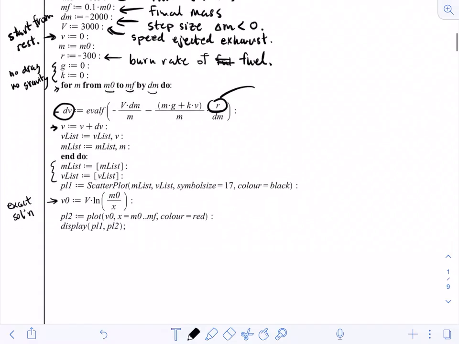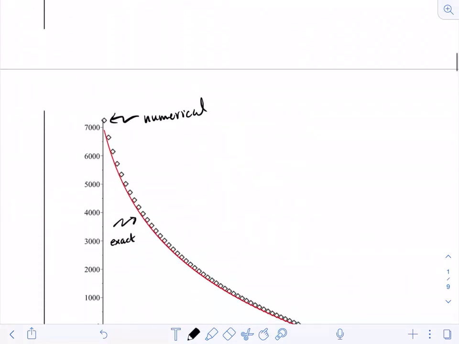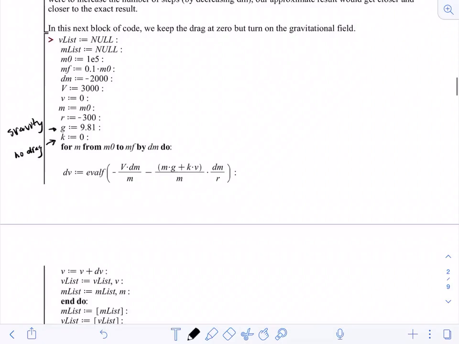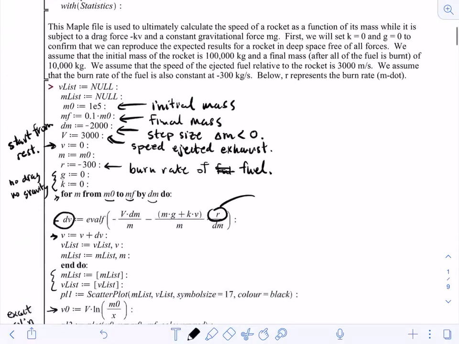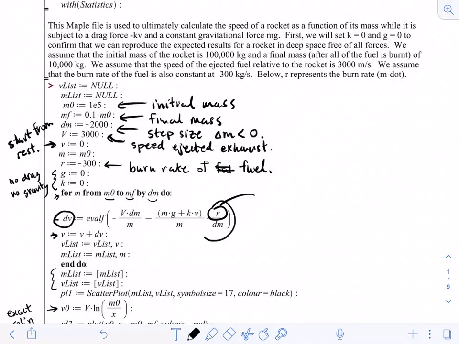And so you can look at this code at your leisure whenever you want. And let me just check one thing. We had a dm over r here, and we have an r over dm. So I think this one is a mistake.